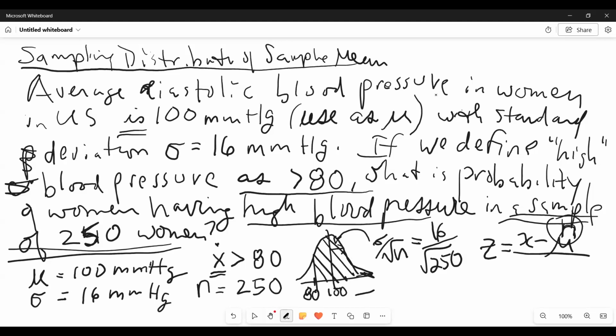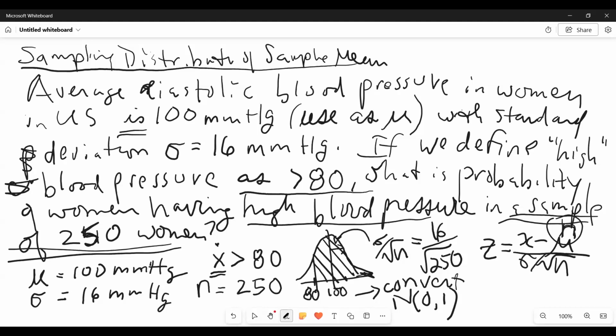Okay, so we're going to use our equation z equals x minus mu over sigma over root n to convert this to our standard normal distribution, so we can find that probability using our data table. Because we have a sample, we've identified it in our problem, we know we're going to use this equation.